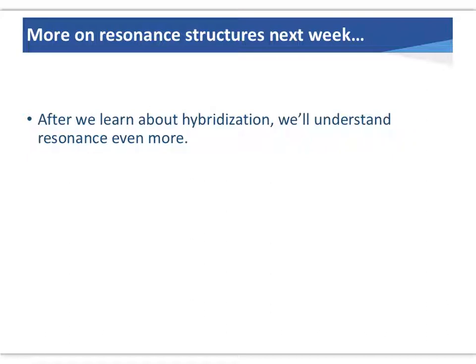As I mentioned, after we learn more about hybridization, we'll understand resonance even more. There's so much information, you can't get it all at once, so you have to pile it together and keep relating it to what you already know. I hope that was a little bit helpful to increase your understanding of resonance, even if it's not perfect yet, and that's okay.